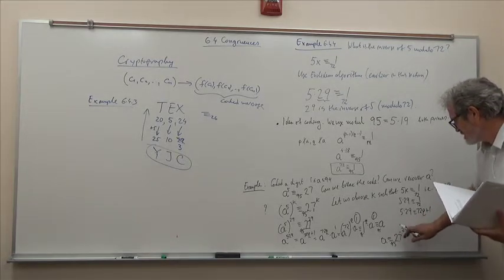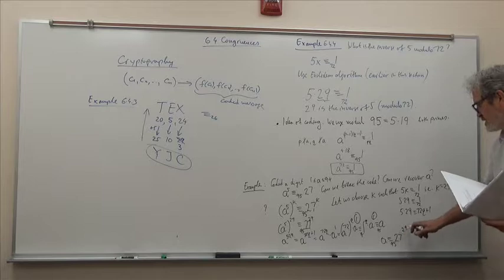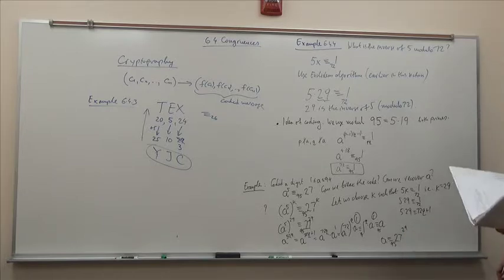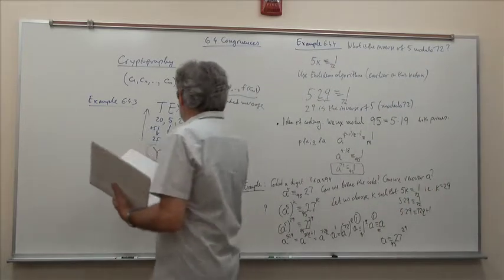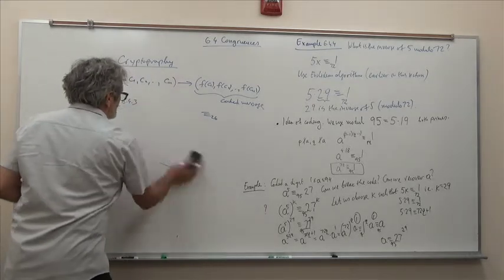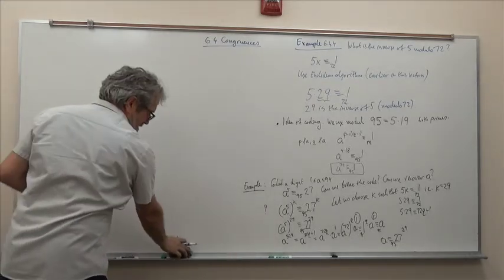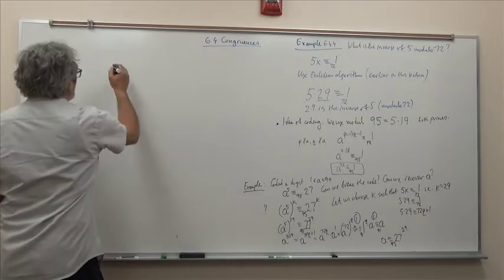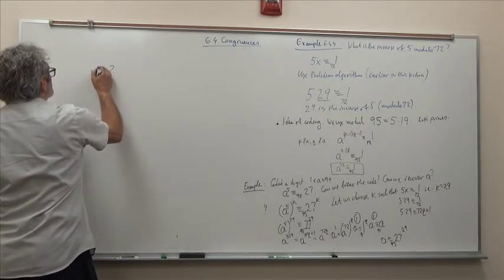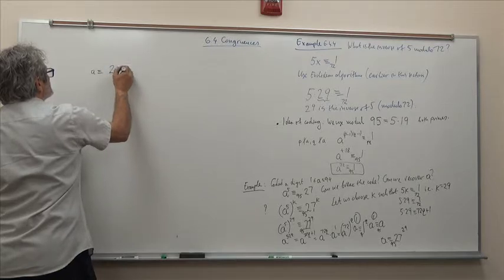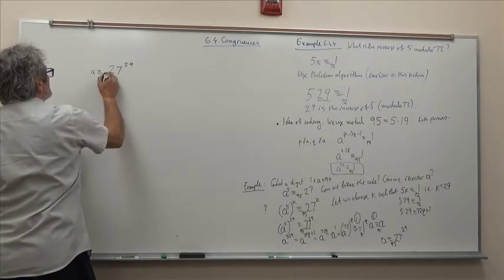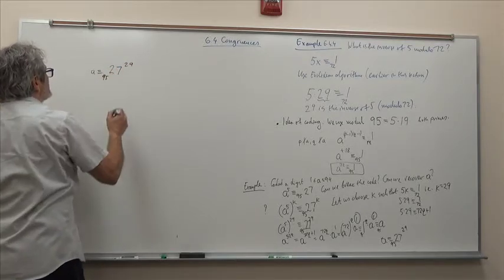What's left is to calculate how much 27 to the 29 is modulo 95, and I will finish it here because I have no space. So let me erase this, and all this. So generally, 27 to the 29, let's calculate. So A is congruent with 27 to the 29 modulo 95.